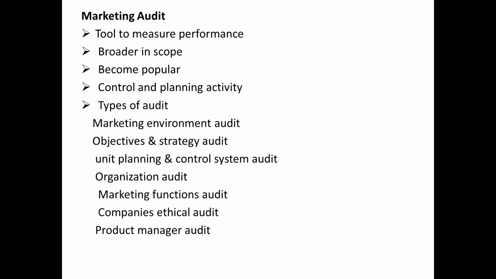So here, that's why we say the scope is much broader for this marketing audit function. Now, if we take into consideration the types of audits, the audits are normally conducted for areas such as strategic business units, marketing environment, objectives and strategy, planning and control systems, organization productivity, and individual marketing activities such as sales and advertising.